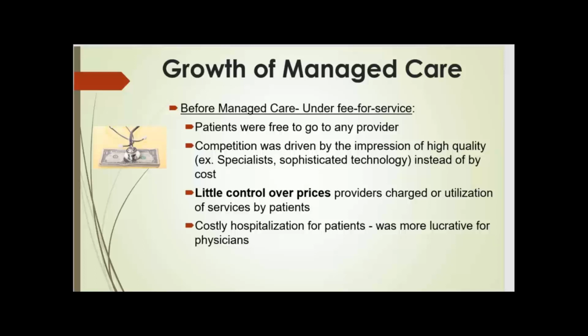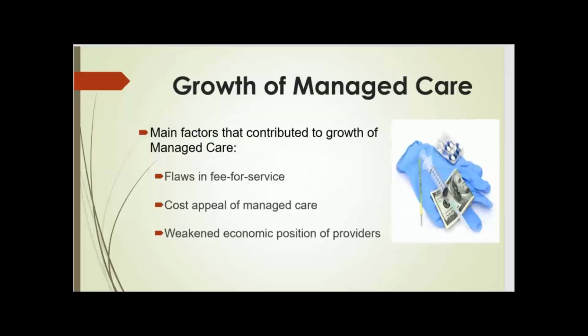Then third, focus on illness rather than wellness. So there was little emphasis on prevention and more focus on what was lucrative for physicians, and how it was lucrative for physicians to hospitalize their patients. All right, now the next slide.